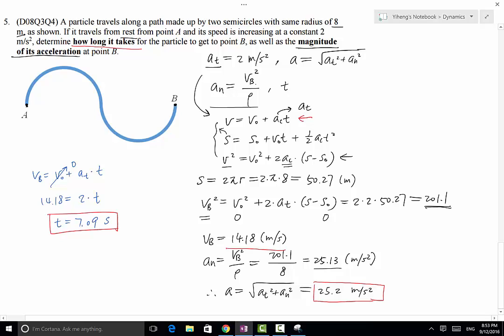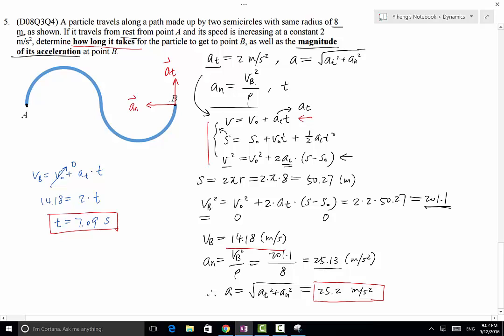For this problem, it's important to recognize that along the curved path, if the tangential acceleration is a constant, then we can apply these three kinematic equations for constant acceleration. Just for reference, at point B, the direction of AT, the tangential acceleration, is in this direction, tangent to the path at point B. And then AN is in this direction.